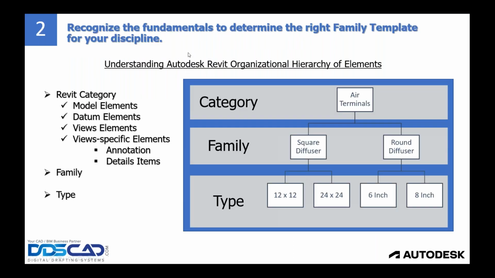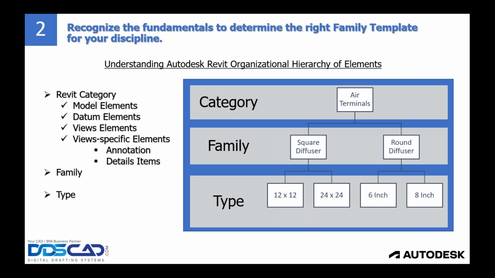However, I found when I work with some of my clients that they lack the experience or the information about the organizational hierarchy of the elements in Revit. This is a good example of this. The way that Revit organizes elements, in this case families, is by categories, and then under that, the families. The categories are the major group of elements that Revit organizes things by.